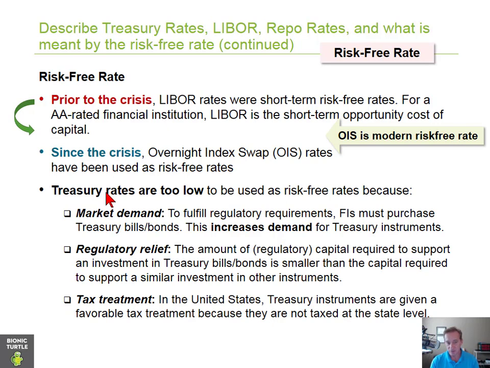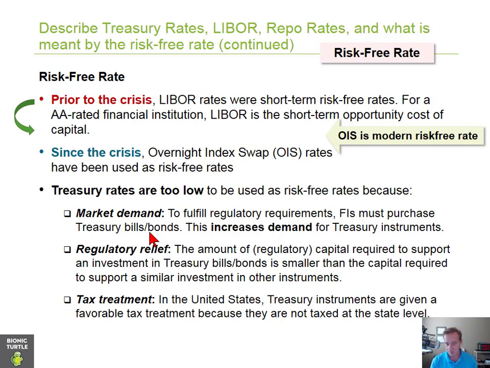And treasury rates are tempting to use because, again, they're government borrowing rates, and we tend to assume that governments won't default. So it intuitively makes sense to reach for the treasury rate as a risk-free rate. But as John Hull notes, there's three problems with that. These three problems contribute to the fact that the treasury rate tends to be artificially too low. The first is market demand.